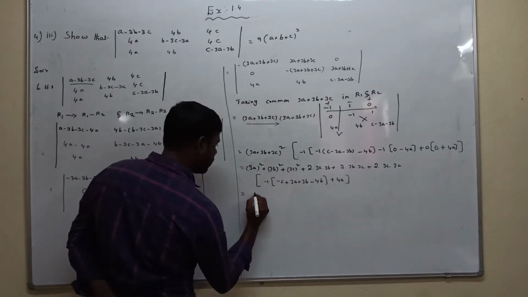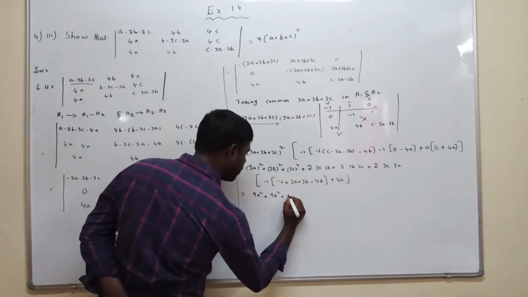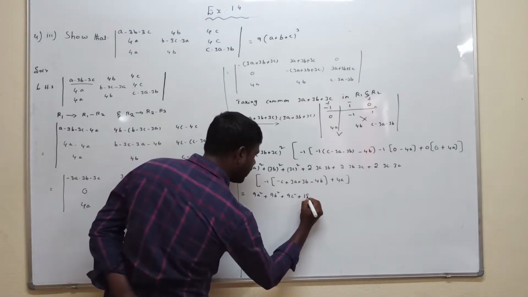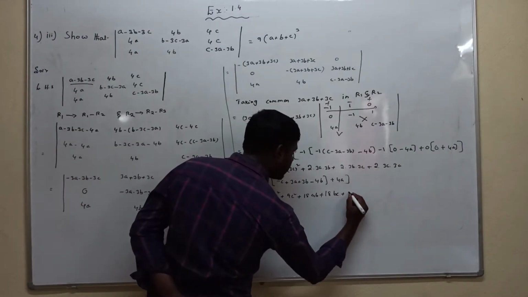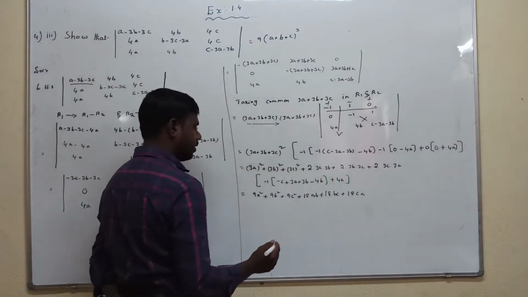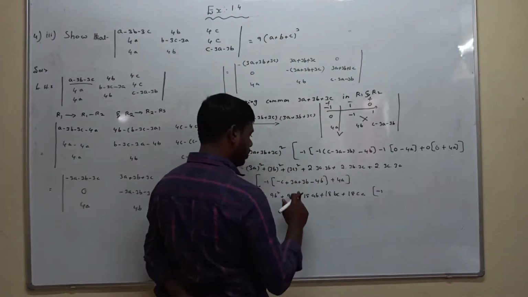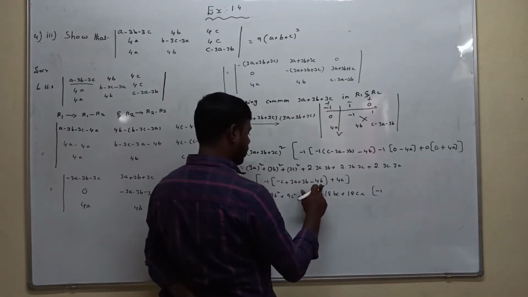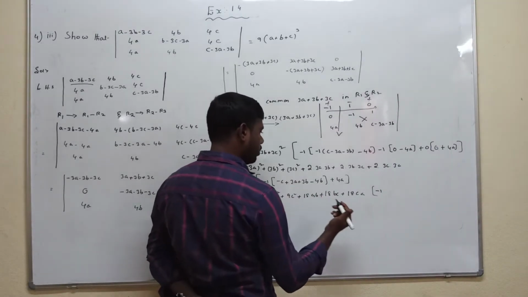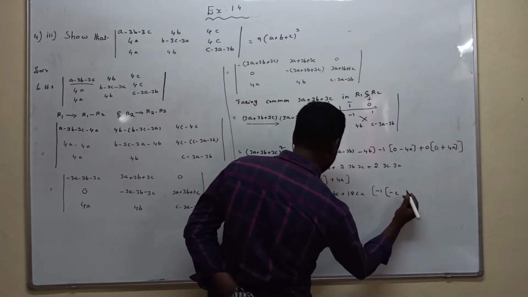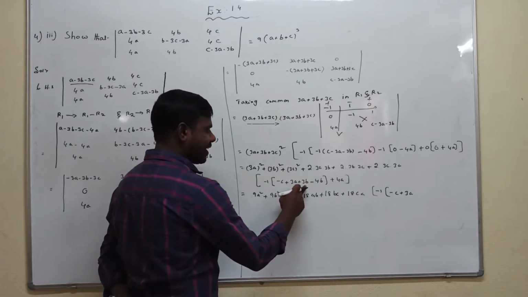Now 9a square, 3b square is nothing but 9b square, 9c square plus 18ab plus 18bc plus 18ca, into minus 1, 3a plus 3b minus c plus 3a plus 3b minus 4b. So we get minus c plus 3a plus 3b minus 4b.